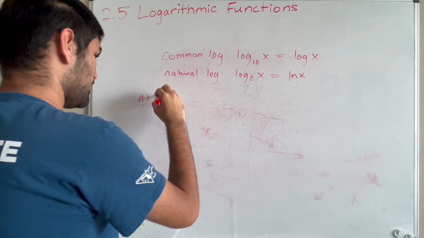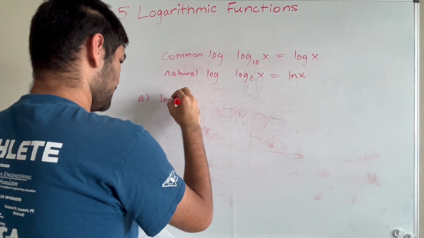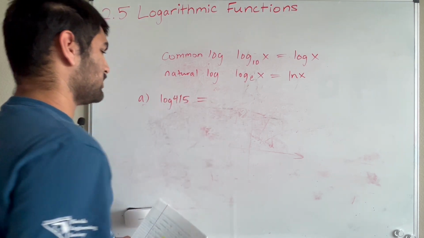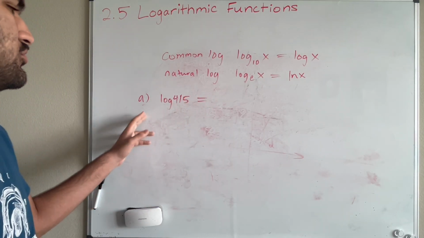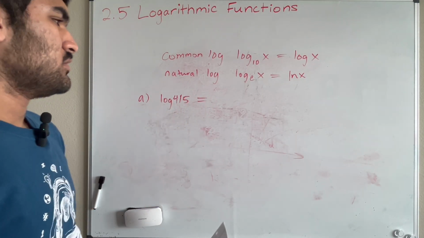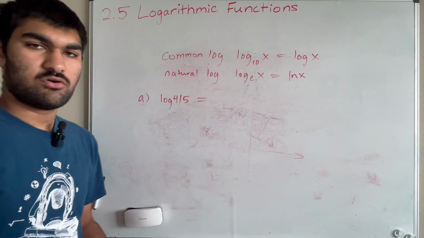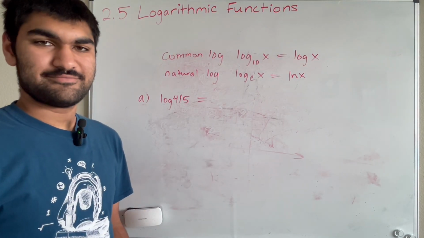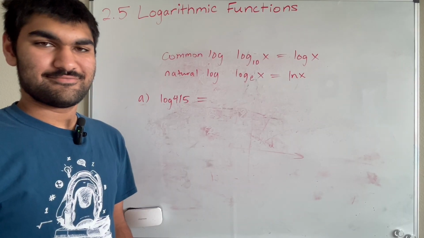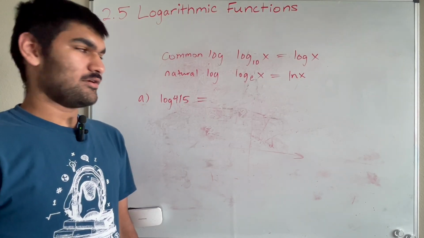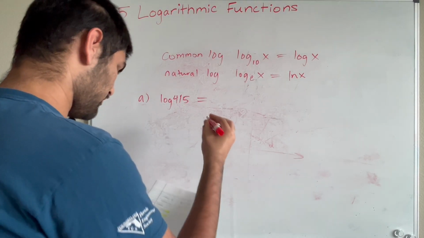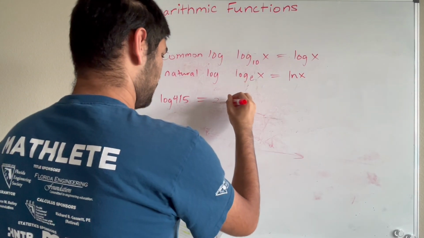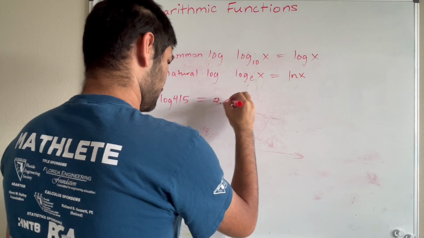All right, good. So now let's do some examples with these. Suppose you had log of 415. What is this equal to? For these ones, you would have to use a calculator. So go ahead and pause the video real quick and see if you can find the value using a calculator. Okay, so you should have gotten approximately 2.618.